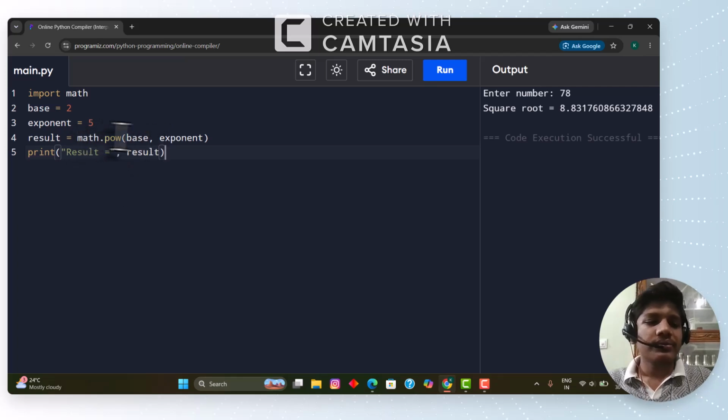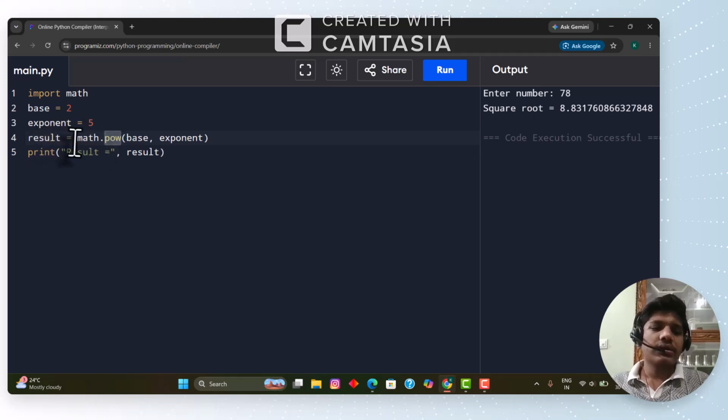But with math.pow we have to give both base and exponent. When we give them, we get one answer, which is assigned to the result. It is not an integer, it is a float, because we already discussed that the property of power is that it gives the float data type. So result is a float data type.